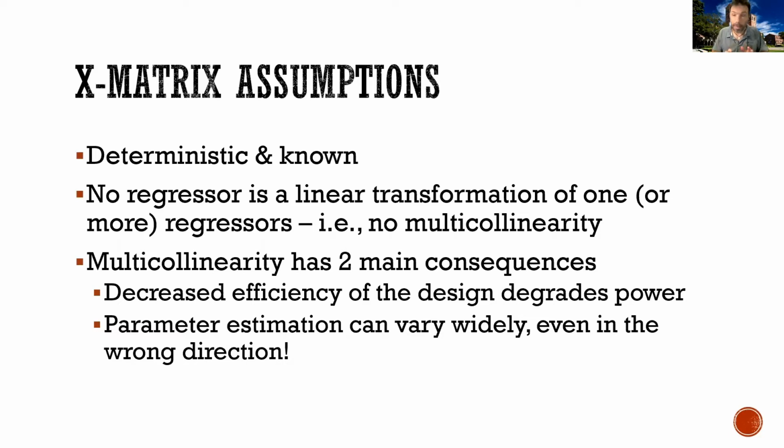It can vary greatly and can even end up being in the wrong direction, meaning if you have two regressors and they happen to be correlated, the values that you get in terms of the estimation of the parameter for these two regressors could be completely wrong, could be completely random, could even be in the wrong direction, meaning if you only had one of the two, then you might get a positive number. But if you have both and they're correlated, you might get a crazy negative number. Let me show you what I mean.